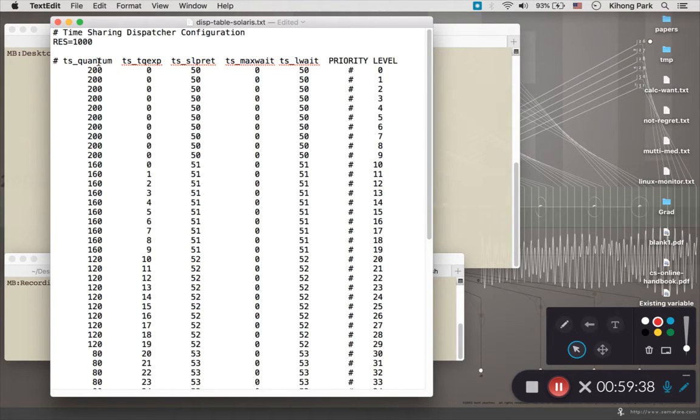But this is the key thing, quantum time slice. So if you start off your life with priority 20, it says that you get an initial time slice of 120 milliseconds. So that's what you get. So you start your journey, your life, as a process with priority 20 and time slice 120. Suppose this process now becomes current because you are the highest priority process next and you are context switched in.